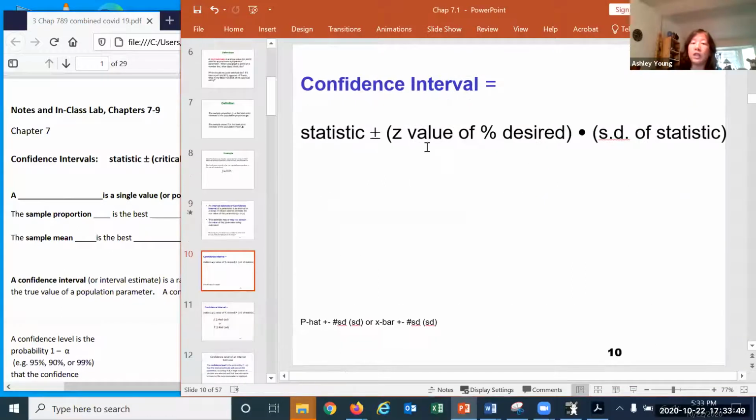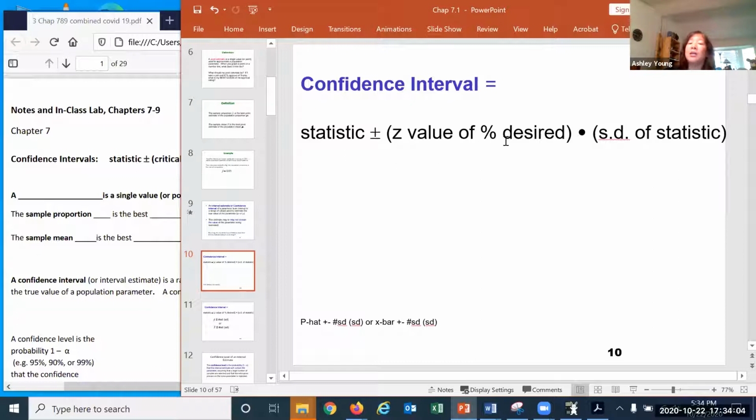That's what a confidence interval is. You take your best guess, and then you go a certain number of standard deviations this way, and a certain number of standard deviations this way, and you're saying, I'm pretty sure it's in between these two spots. That's exactly what a confidence interval is. So we take our statistic, what we got from our sample, and we find the z-score for the percentage we want.